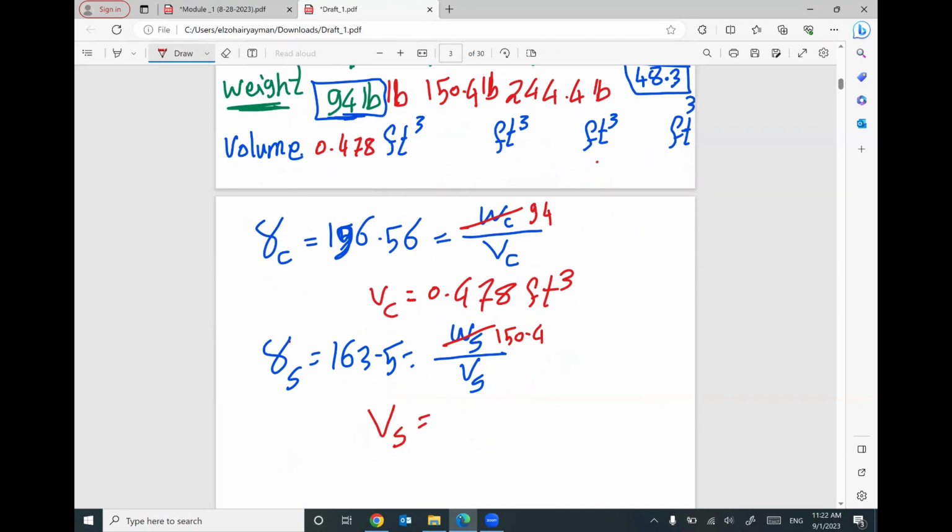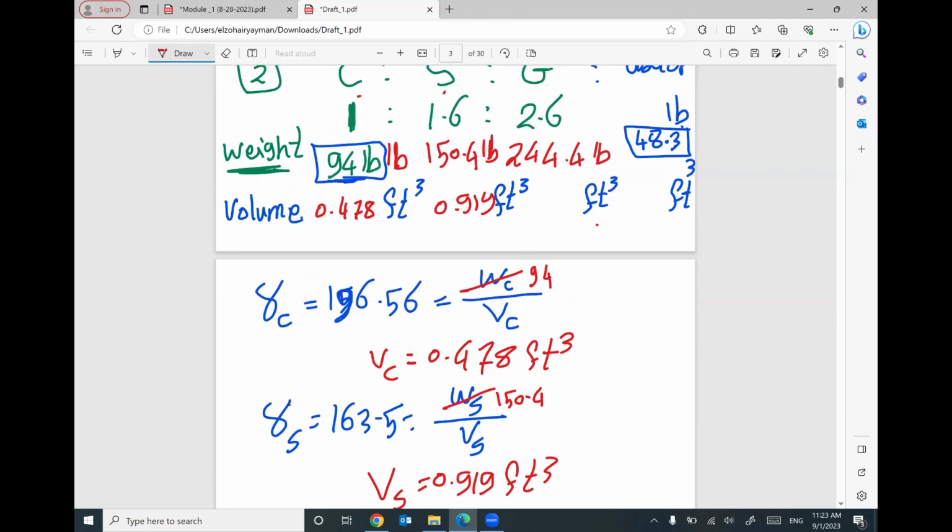So I will divide 150.4 by 163.5, and I got 0.919 cubic feet. So the sand will give you 0.919 cubic feet.